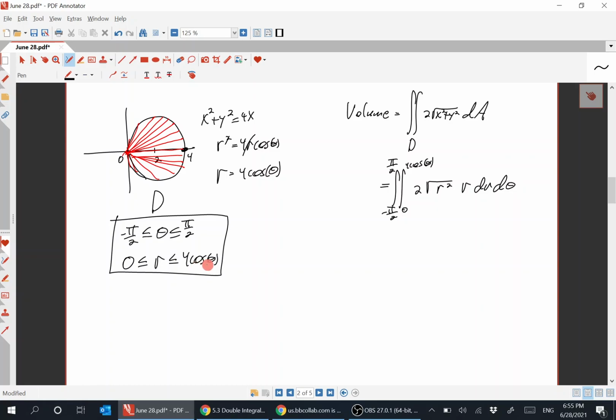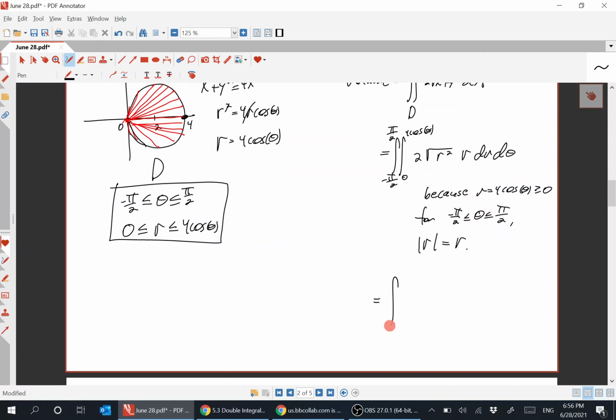But r is going to be bigger than or equal to 0 within this range here, for minus pi over 2 less than or equal to theta less than or equal to pi over 2. So the absolute value of r is just r itself.